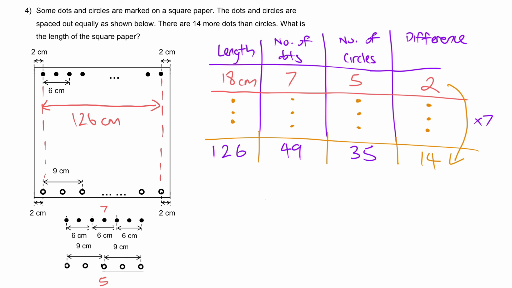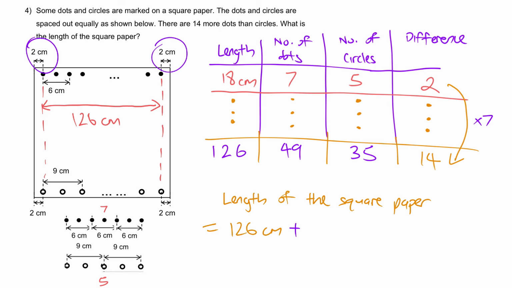Okay, hence we can write the final statement, which is the length of the square paper. It is not just 126, isn't it? We need to plus what? The 2 cm and 2 cm over here, which is plus 4, and that will be 130 cm. That is the answer.